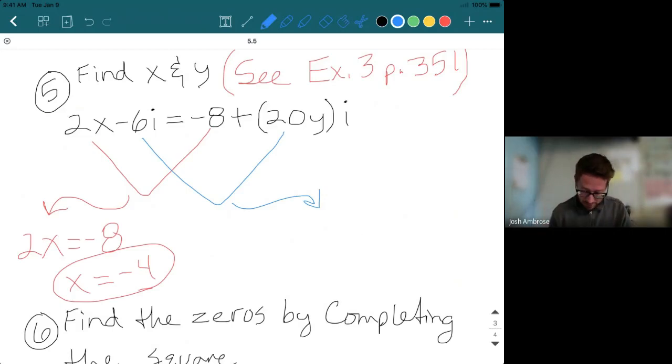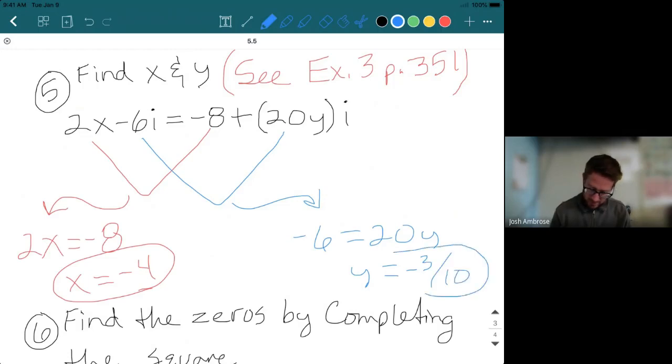But now all you're including is just -6 equals 20y. y equals -3 over 10. That was basically me already just reducing the fraction. You're going to get -6 over 20, reduce it, and it becomes -3 over 10.